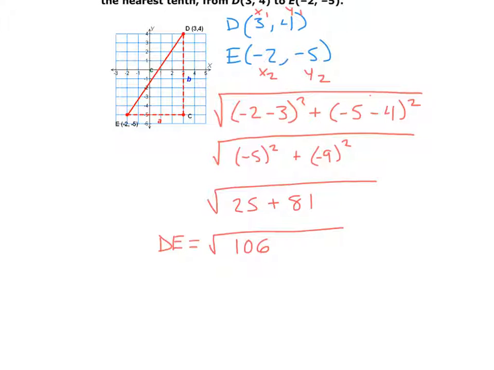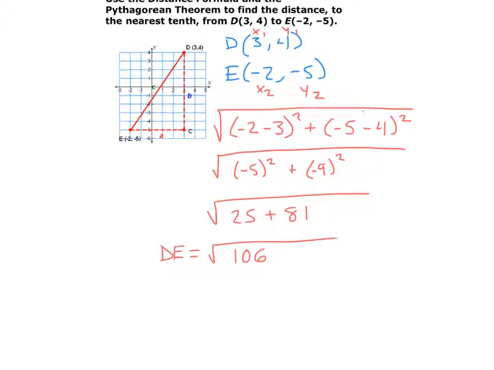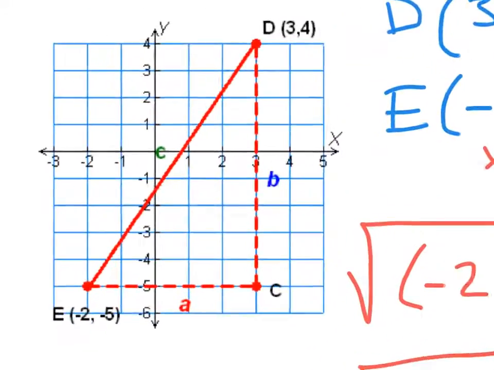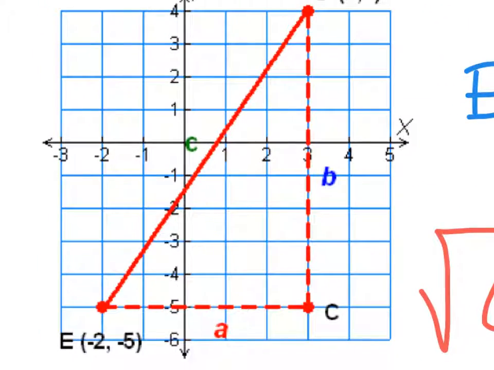So now let's find the length of DE using the Pythagorean theorem. The Pythagorean theorem is a squared plus b squared is equal to c squared. So let's look at the triangle. How do we know what A is? We can see it, right? A is 1, 2, 3, 4, 5.